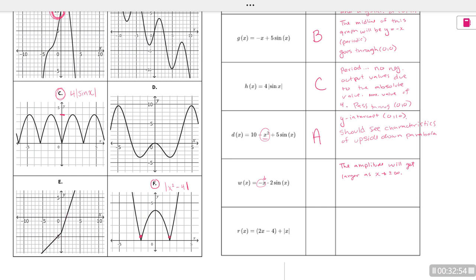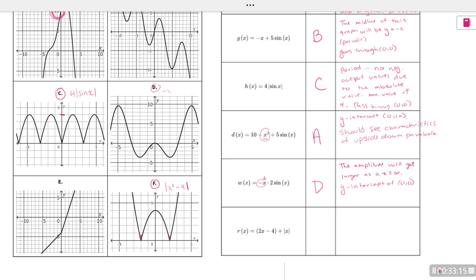And we should see a y-intercept of 0, 0. So we only have two graphs left. We definitely don't see a y-intercept of 0, 0 here, and we do see one here. So this is definitely going to be graph D.